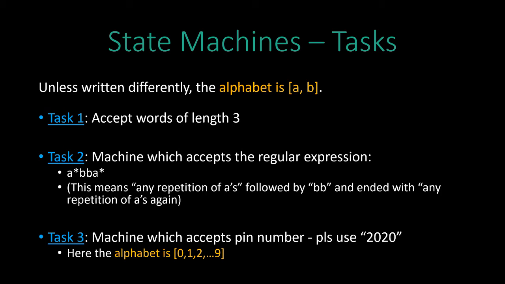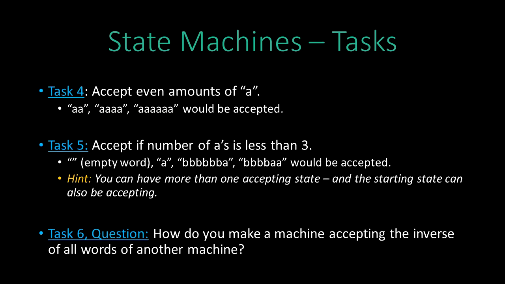Okay. So these ones are the basic ones. For example, if this looks too easy for you, you can also just skip these and go to these two, and then return to them when you are done with 4 and 5. The slightly more interesting and creative one is the state machine in task 4, where we want to accept even amounts of A. So that doesn't mean empty.